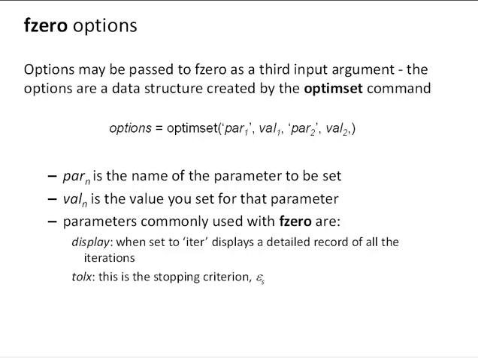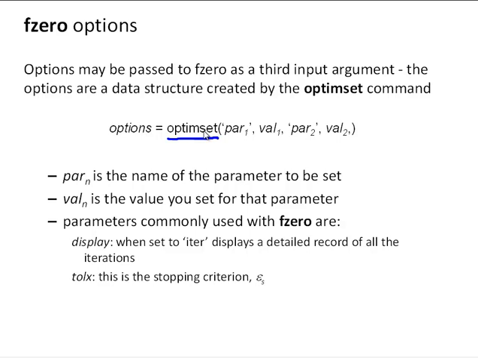One thing about fzero is we pass options to the function through the options data structure, which is set with the optimset command. And this is something that is common for a lot of MATLAB functions, and here's the first place that we've seen it. We basically lump all of the possible options into this third input argument called options.